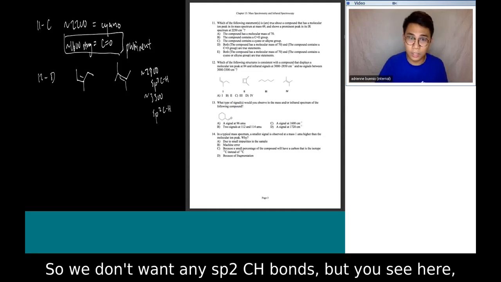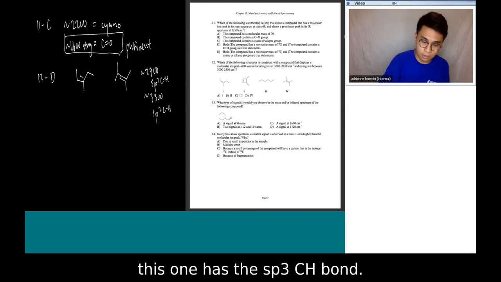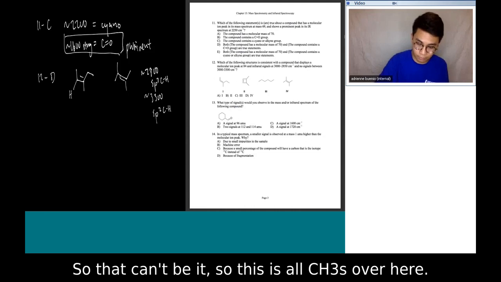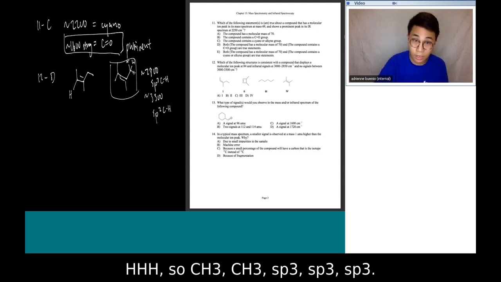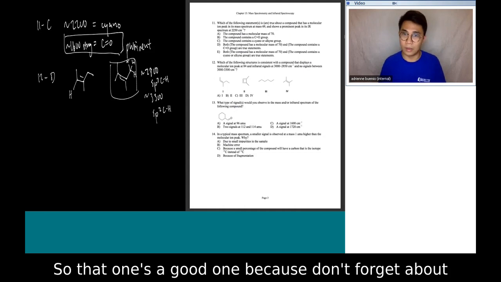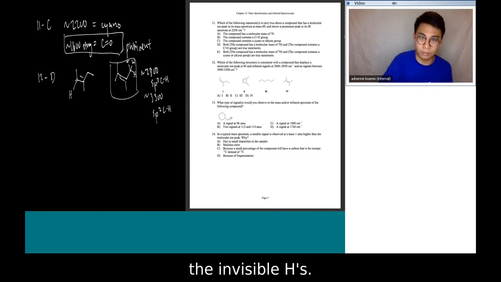So we don't want any sp2 CH bonds. But you see here, this one has the sp2 CH bond, so that can't be it. So this is all CH3s over here, H, H, H. So CH3, CH3, sp3, sp3, sp3. That one's a good one because don't forget about the invisible H's, right?